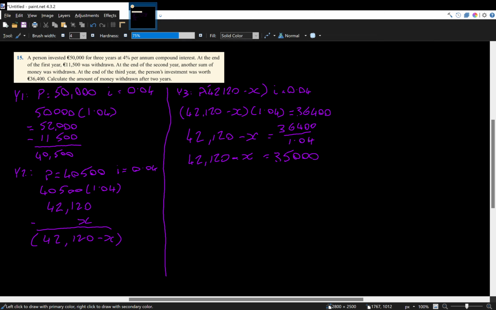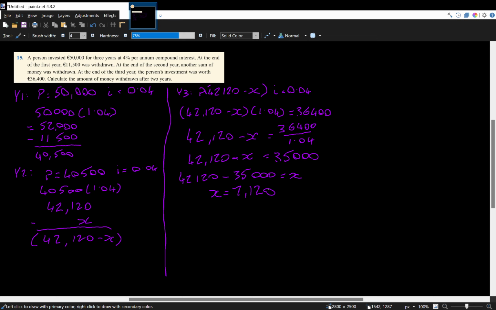And then we just have to solve this for X. So 42,120 minus 35,000 is equal to X. So X is equal to 7,120, and that is the amount of money that was withdrawn after 2 years.